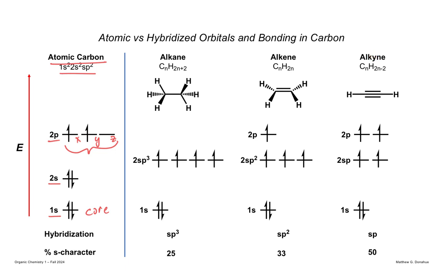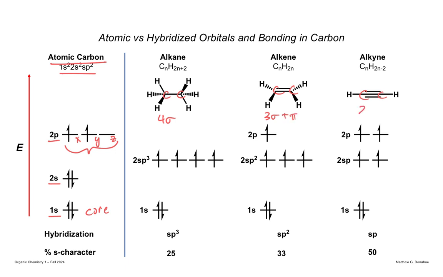And you can tell right away that the carbons are all different. The alkane is showing 4 sigma bonds. The alkene, 3 sigma bonds plus 1 pi bond.